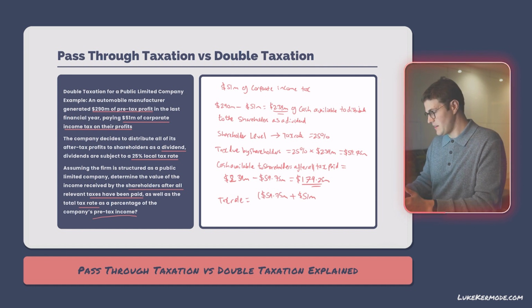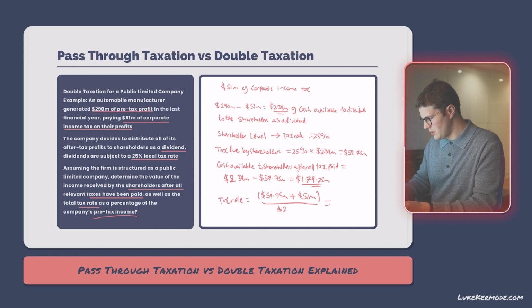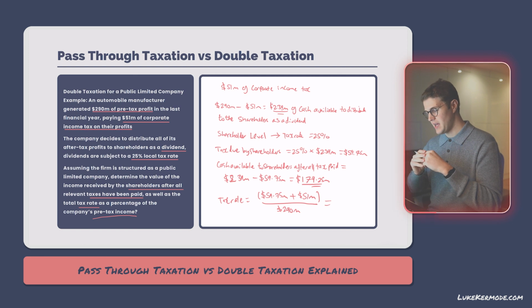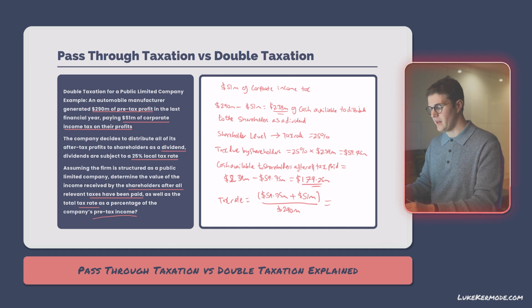That's the corporate income tax that's due. And we calculate that as a function of the 290 million. Because that's what the question is asking for, right? What is the percentage of total tax paid as a function of the company's pre-tax income? So the 59.75 million plus the 51 million over the 290 million of pre-tax corporate earnings.